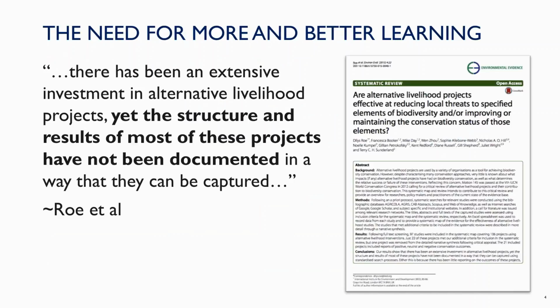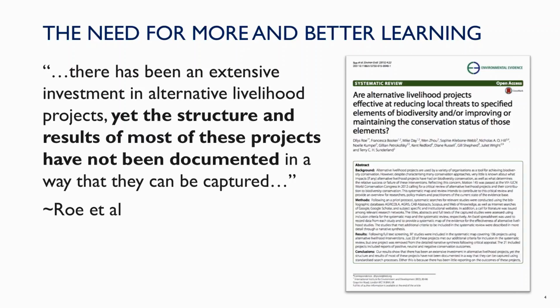And then there's a huge need for more and better learning around conservation enterprises. There was a recent systematic review by Dilys Roe and colleagues that looked at the whole literature around alternative livelihoods and their effectiveness in achieving biodiversity outcomes, and found that the structure and results of most of these projects have not been documented in a way that can be captured.